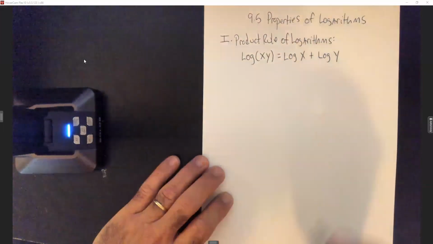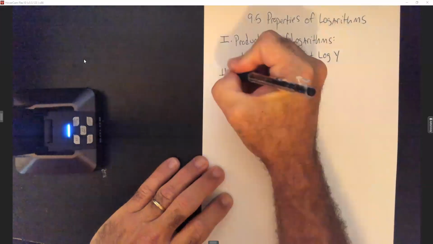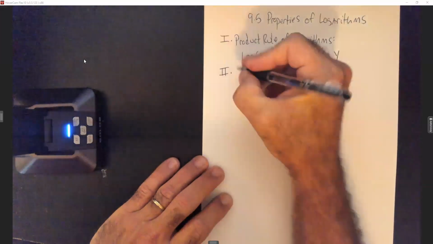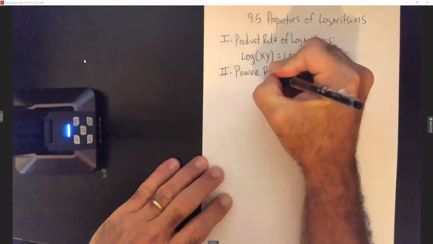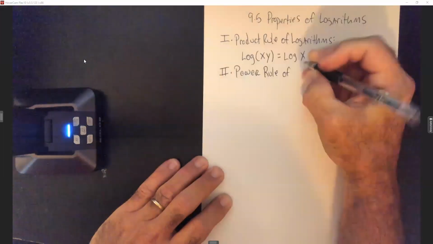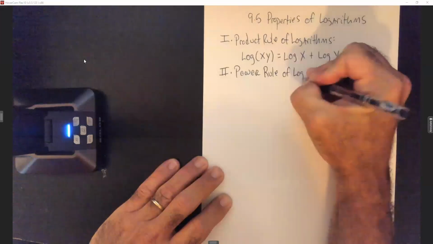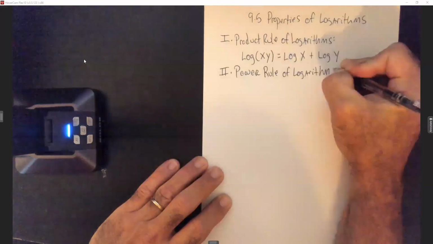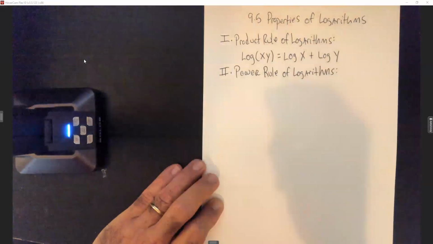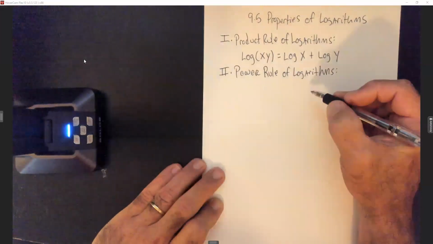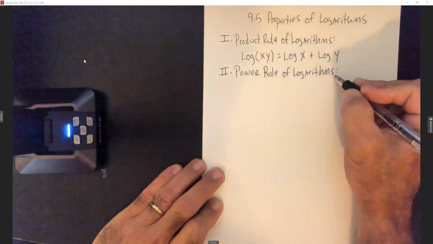All right, so let me bring up number 2 here. This we call the power rule of logarithms. This would be like when you had an exponent raised to an exponent, you multiplied them.